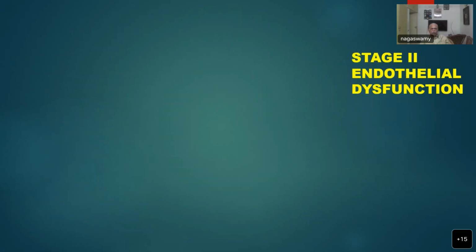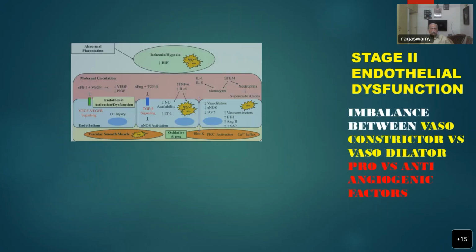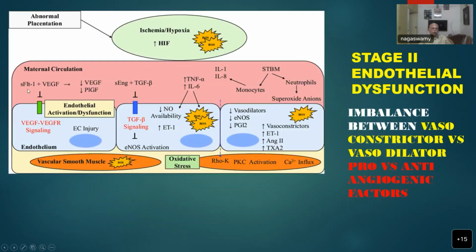In stage 2, endothelial dysfunction starts. So an imbalance between vasoconstrictor and vasodilator, as well as pro versus anti-angiogenic factors, occurs. These are all the changes happening in the entire maternal circulation.